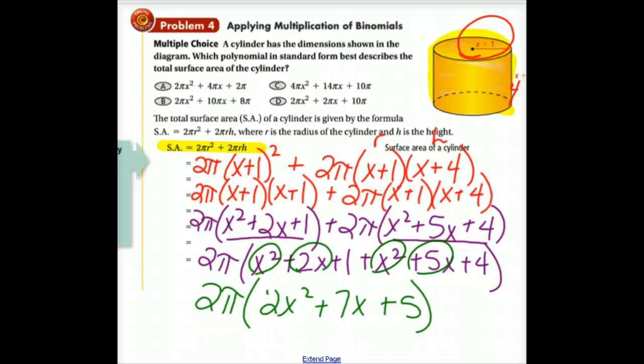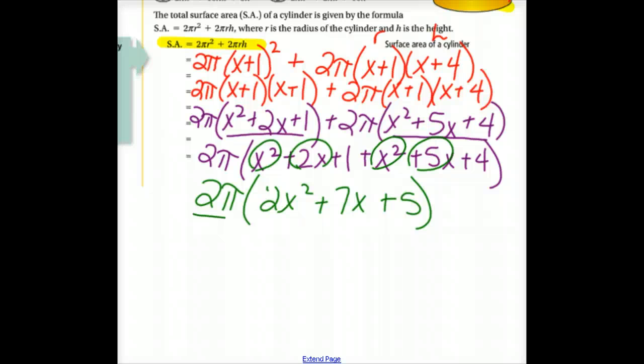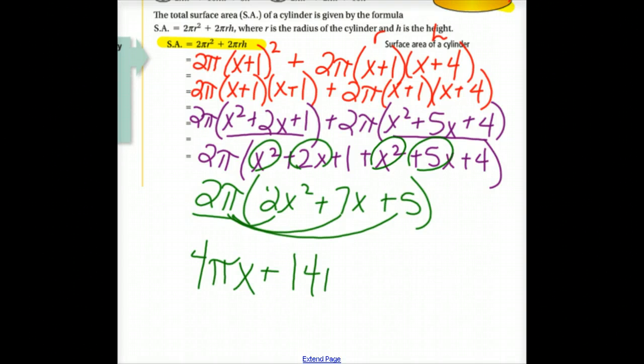Yes. Okay, so now 2 pi, this is a monomial being multiplied by a trinomial. So this is going to be multiplied to every single part. 2 pi times 2x is 4 pi x, plus 2 pi times 7x, 14 pi x, and 2 pi times 5 is 10 pi.